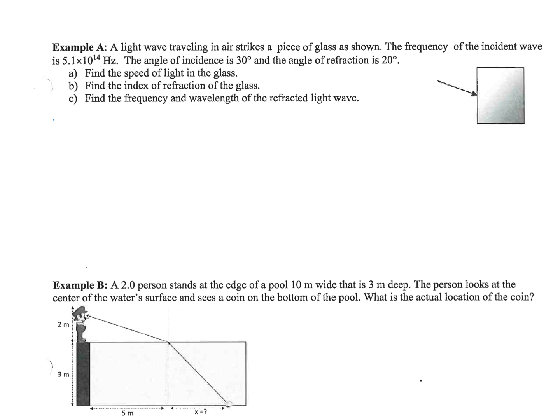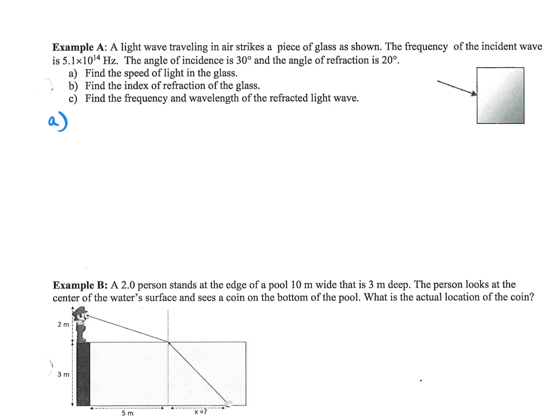So how do we do that? Oh, no, first it says find the speed of light in glass. So how do we find the speed of light in, no, find the index of refraction of the glass. Find the speed of light in the glass is fine too.